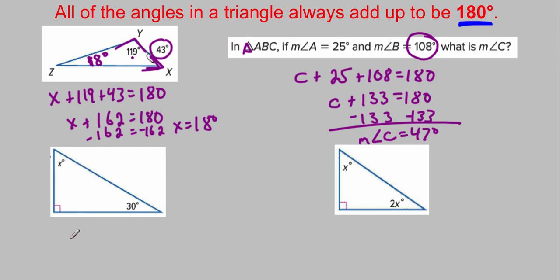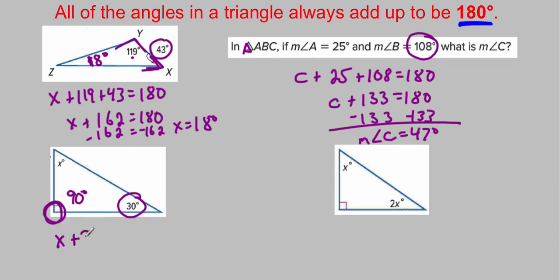Next one here. You would be surprised at how many people get stuck on this one. They're like, Mr. McKenzie, they only gave us one of the angles. It's only 30. No, they gave you two of the angles. They just didn't write a number for one of the angles. Remember, anytime you see that right angle symbol, you know a right angle is 90 degrees. So that symbol is as good as writing 90 degrees.